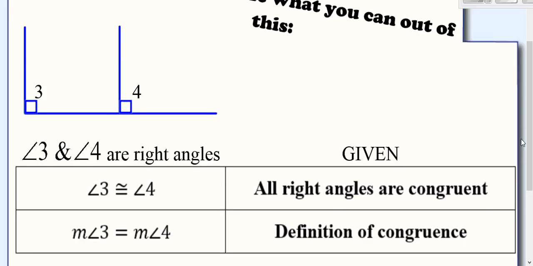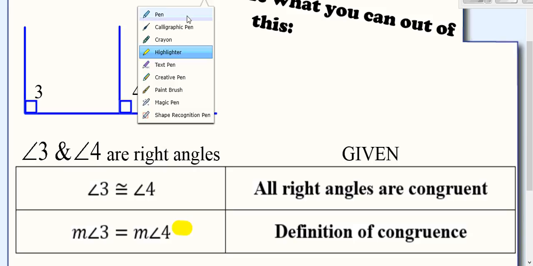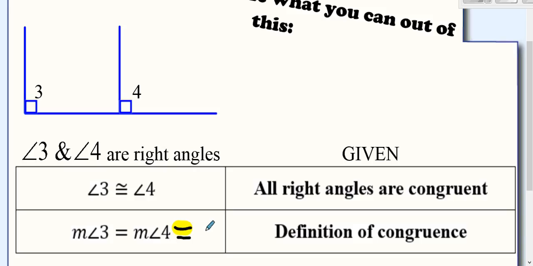We could also say that the measures are equal to each other. And if we wanted to go a little bit more specific, we could also say that they equal 90 degrees. That would work in there too. All right angles are 90, so all right angles are congruent, which means they're all equal to each other and they all equal 90. It's a lot of little information that can be squeezed out of just being right angles.